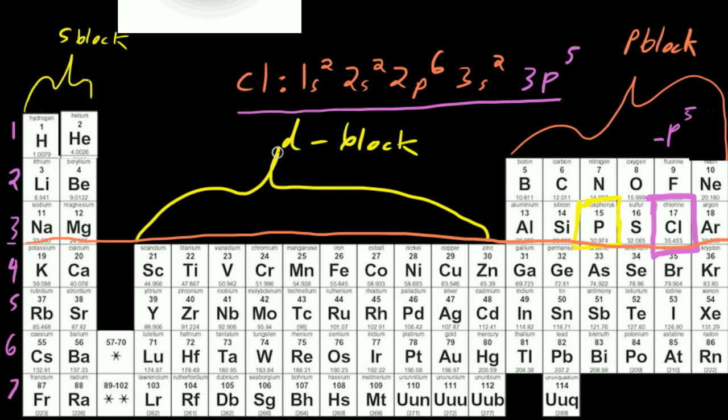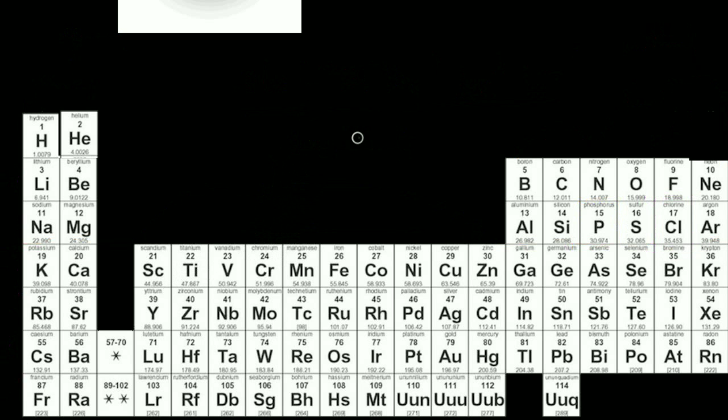So now let's start working on elements in the D block, and that will hopefully give us a bit more insight into how to do complete electron configurations. I'm going to clear off my drawing, and now we're going to start talking about our D block.